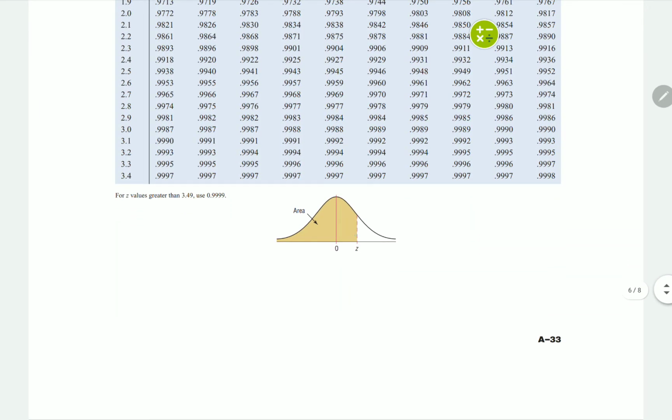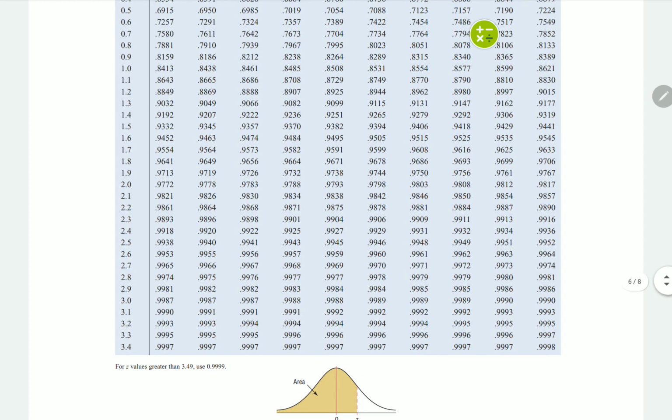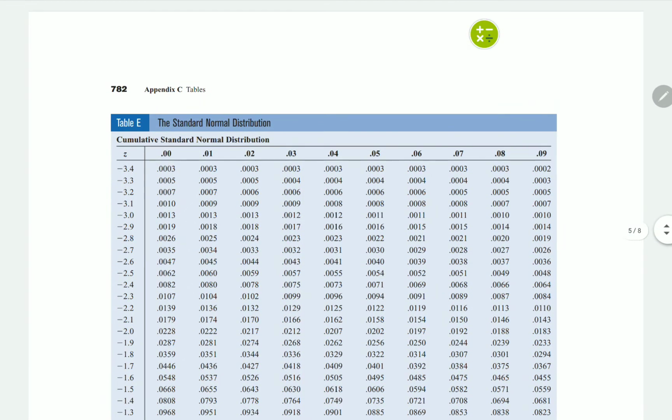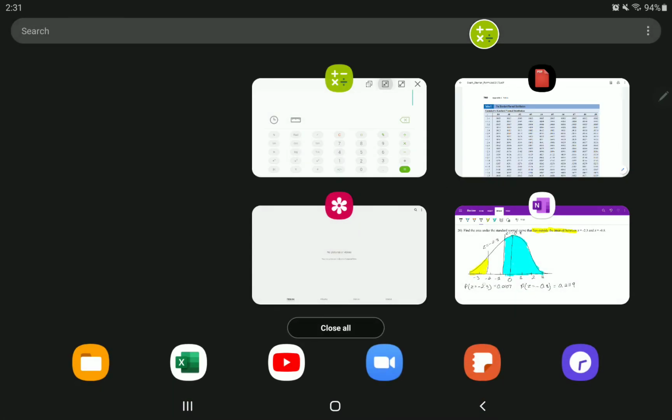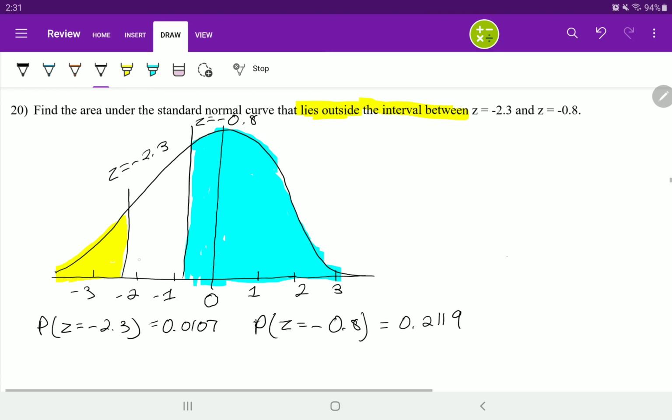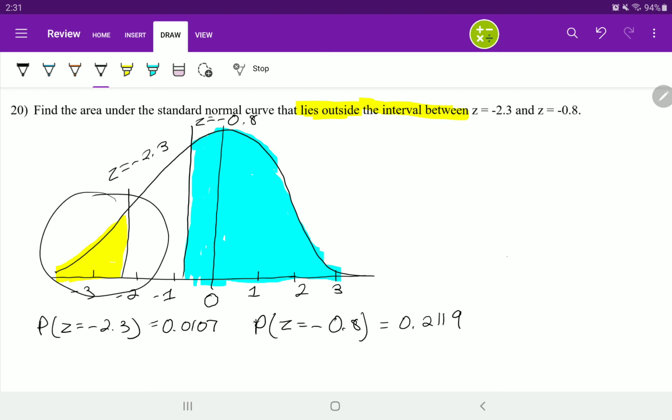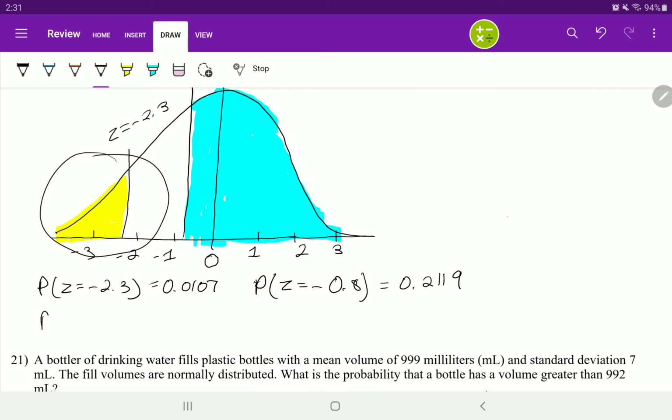And once again, the area is shaded to the left, which means all the probabilities on the z-score table are shaded to the left. For this section right here, that is shaded to the left, which means the probability that z, in this case, will be less than negative 2.3 is going to equal 0.0107.